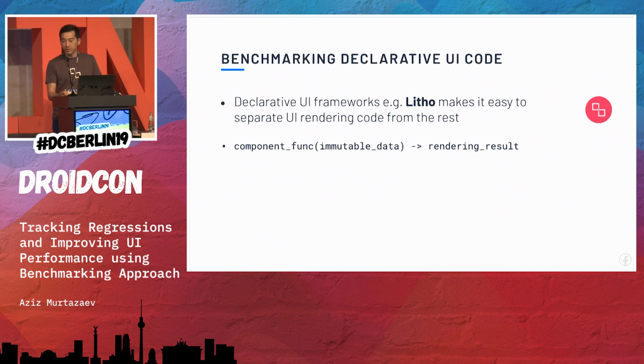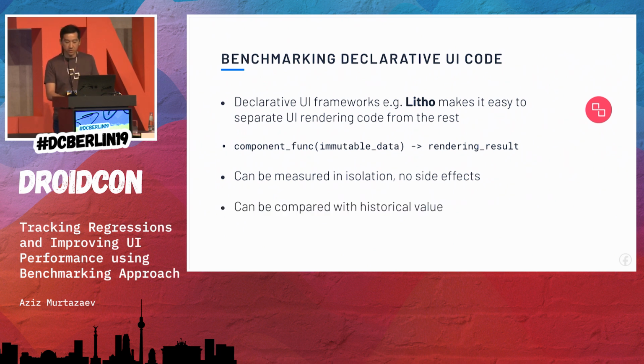Which means that this is a very good candidate that can be measured in isolation and it has no side effects. Unlike views, which have internal state that anyone can change anywhere. It can be compared with historical values and it's a really good fit for benchmarks.